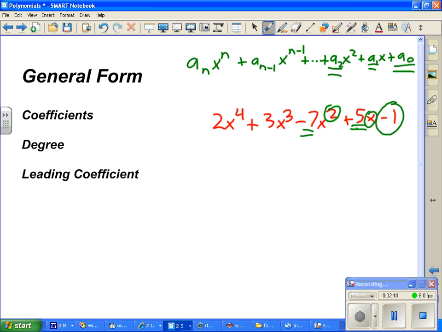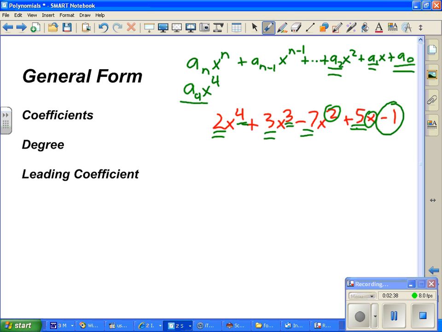Notice how the a2 and the squared always go together. So why is it a sub n minus 1, a sub n? Well, whatever this thing happens to be, this thing is going to be the same. In this case I have first, second, third, fourth, so we'll just use that so we don't get confused. I have a sub 4, which means I'm going to have x to the fourth. A sub 4, not a to the fourth, excuse me, I keep saying that wrong.